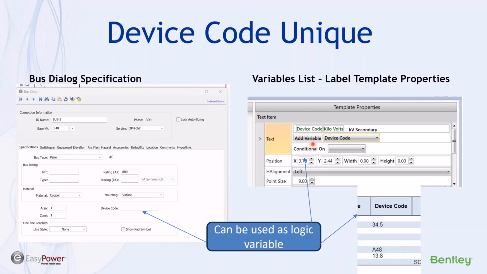And so in this case, we use the device code as a conditional element. And then it is a column that shows up in the database browser. So even though it's not used in any part of the computation of arc flash, it's still an interesting element to be able to access, especially with label editors if you need it.